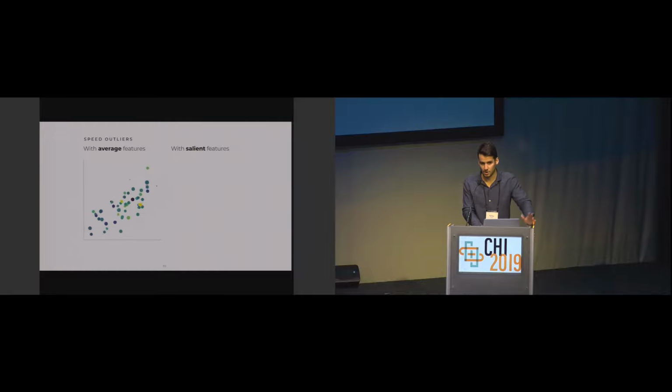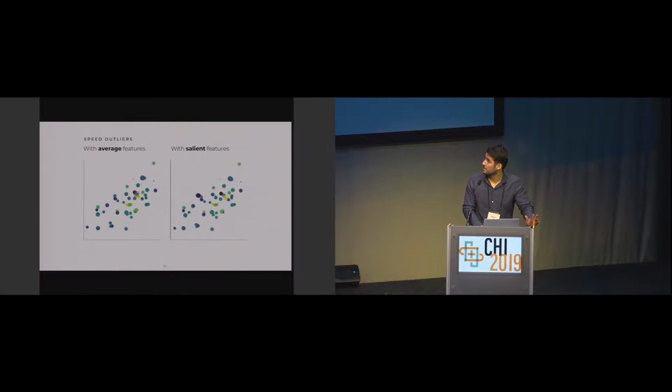Here we vary color, direction, and size. And we present it with average features. So it has average color, average size, and average direction. And here's the same point presented with more salient features.